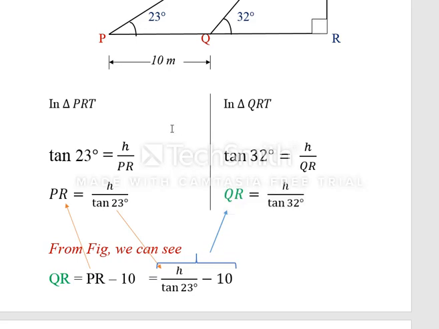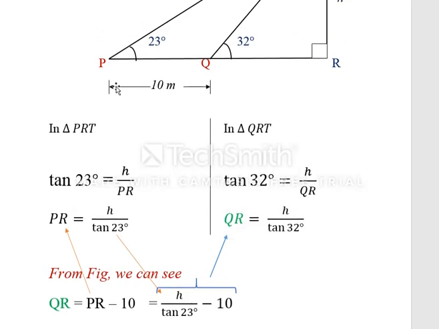If you look at the figure, you can also find this QR by subtracting this 10 from this PR. Once again, you can find QR because this total length is PR.